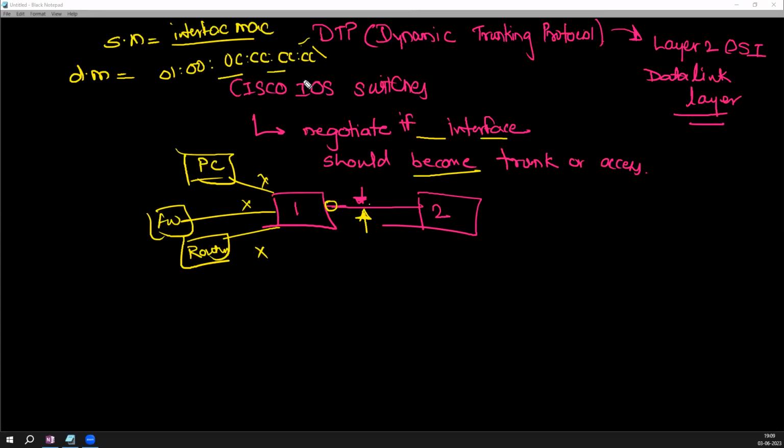This is the MAC address to which DTP frames are sent across to other switches. Okay, is this clear? Yes. Perfect. Any kind of doubts to anyone else?